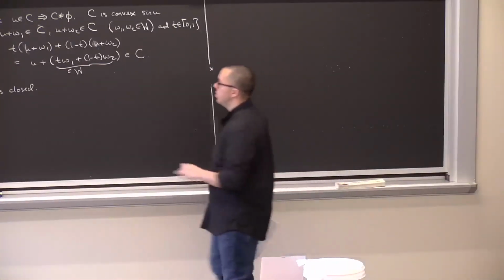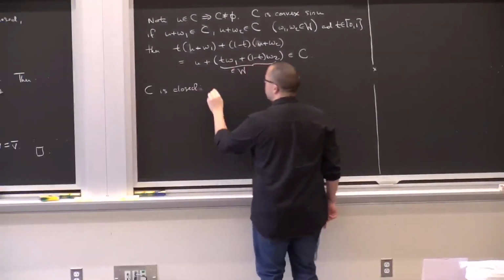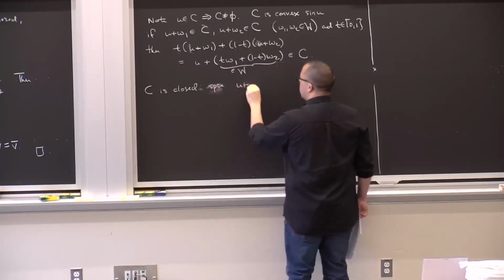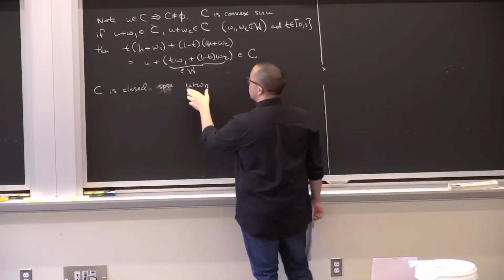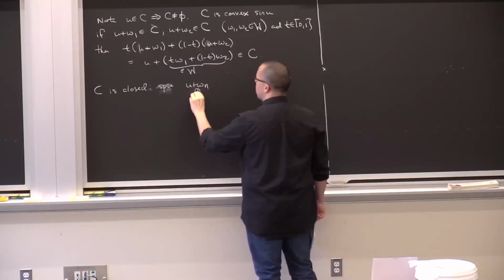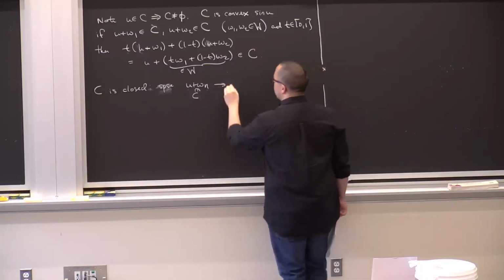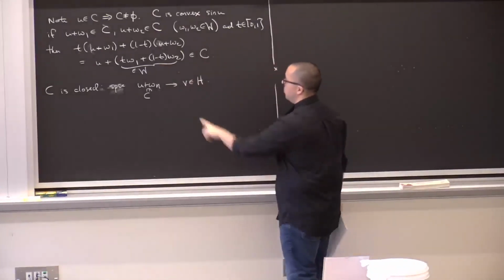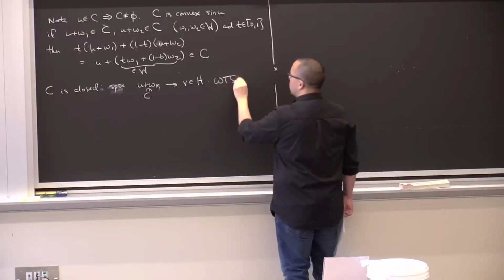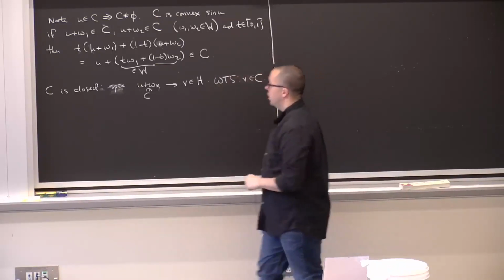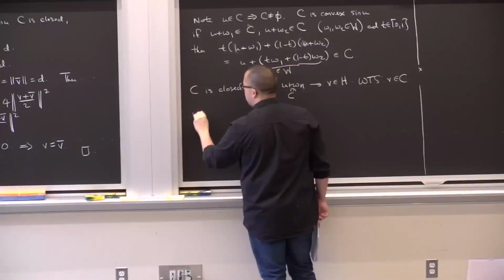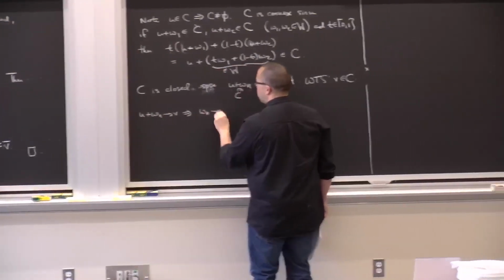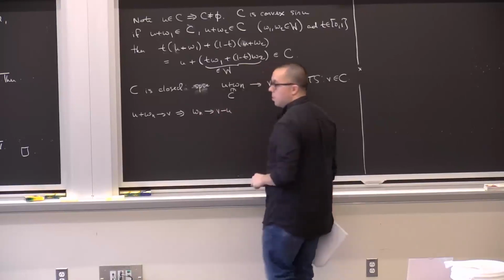Now let's show C is closed. Why is C closed? Suppose u plus w_n, a sequence of elements in C, converges to an element, let's call it v, in H. We want to show that v is in C. Now u plus w_n converging to v implies that w_n converges to v minus u.